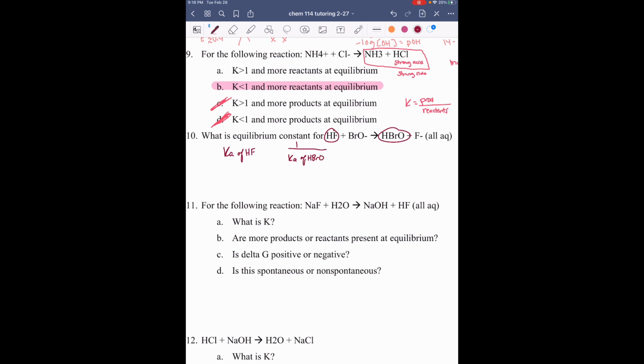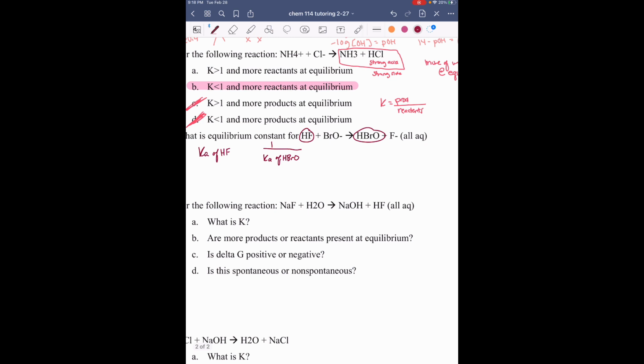So I'm combining those two reactions. If I wrote it all out, it'd be HF yields H+ plus F-, and then H+ plus BrO- yields HBrO. Add them together. H's go away because they're the same on both sides.